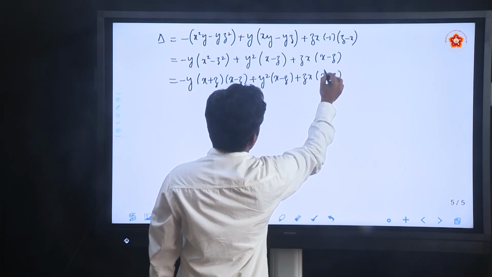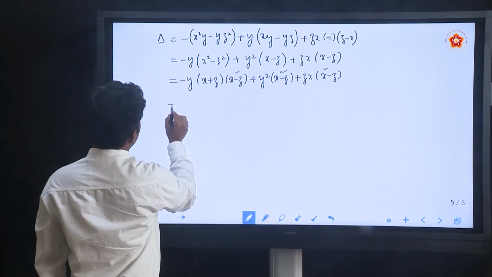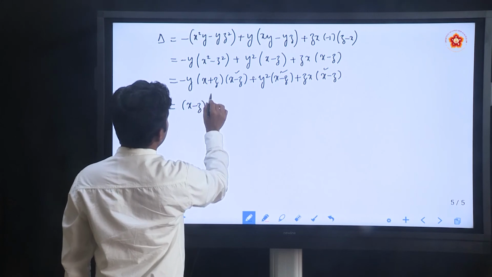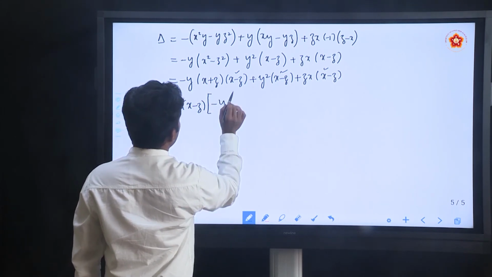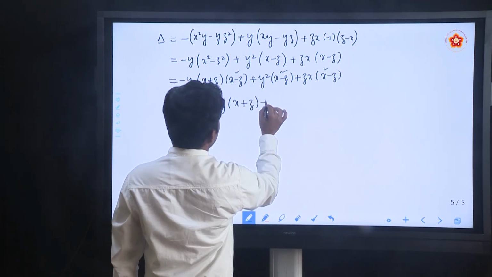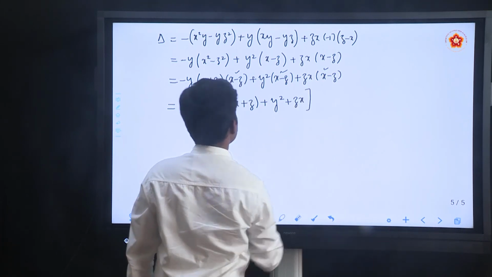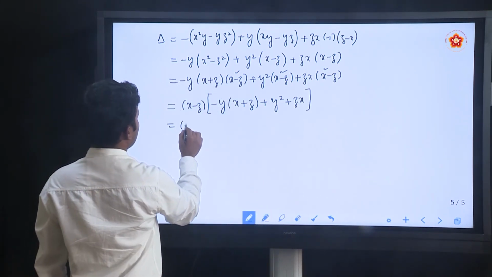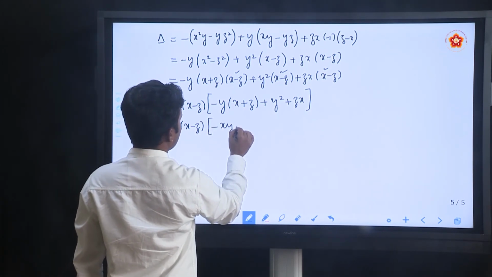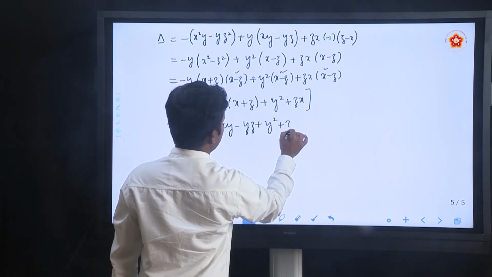Now, you can take x minus z as a common factor in all three terms. What you are going to have is x minus z into minus y into x plus z plus y square plus zx. Now, you just simplify further: minus xy minus yz plus y square plus zx.